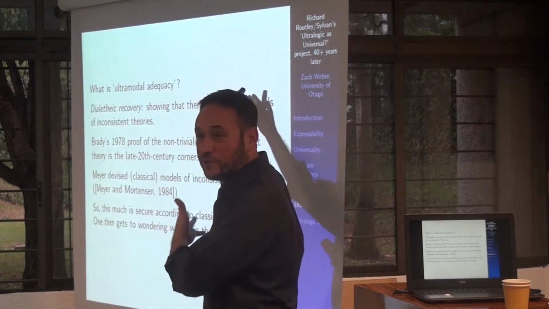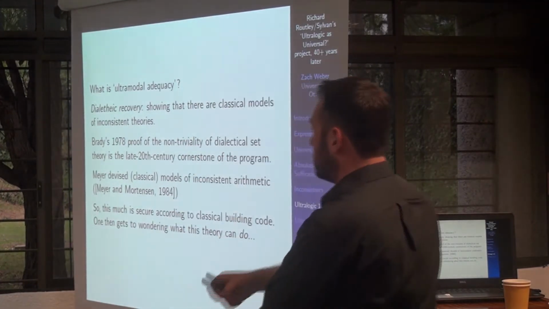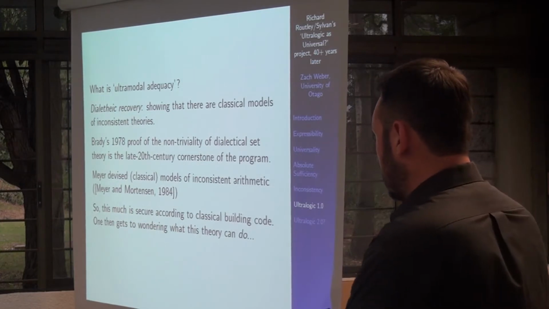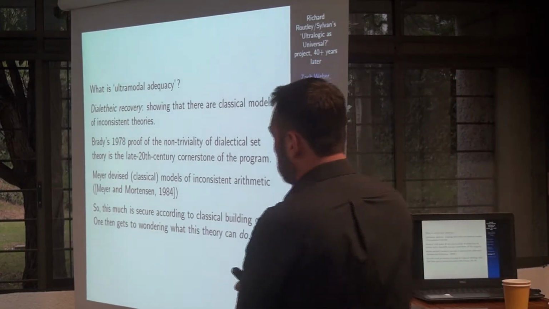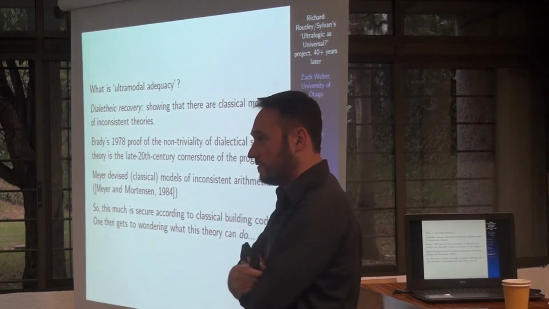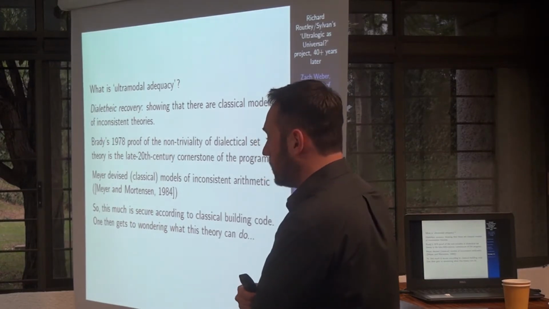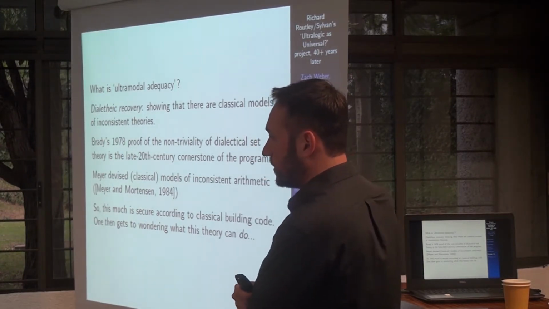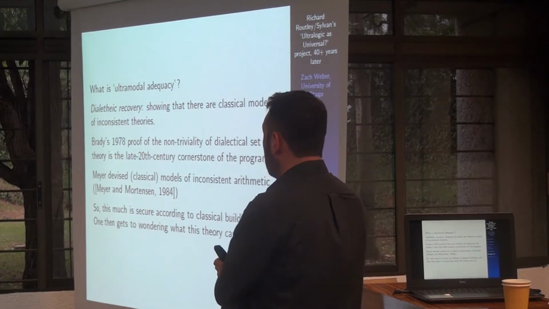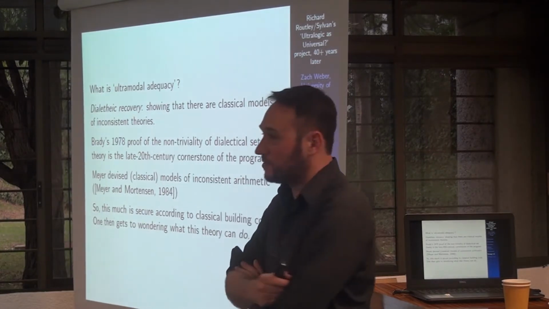What is ultramodal adequacy? That's the question. So there are two bits of ultramodal adequacy. One is the one that has occupied the vast majority of logicians' interest, which is what John P. Burgess unsympathetically calls dialethic recovery, which is showing that there are classical models of inconsistent theories.